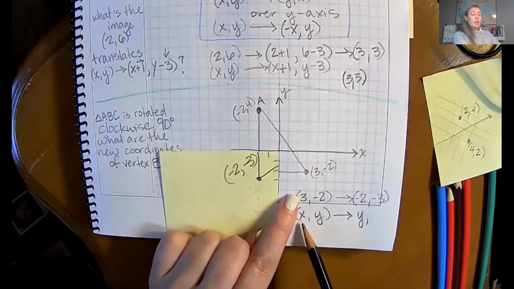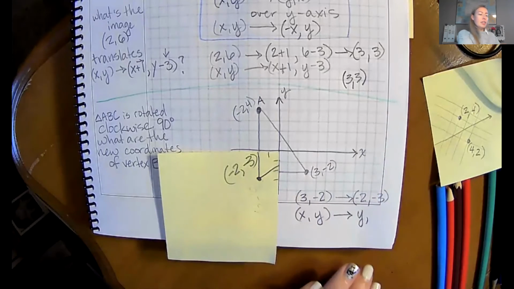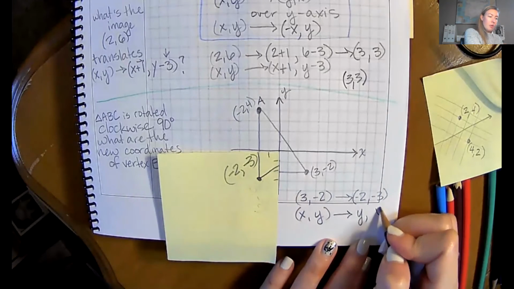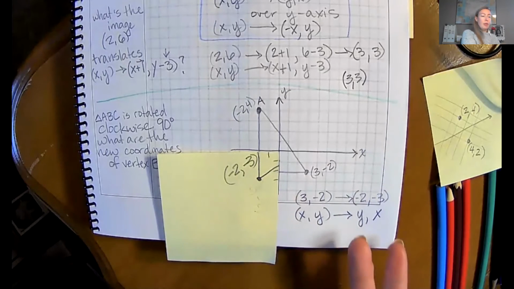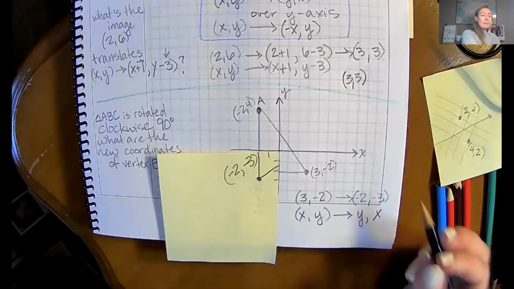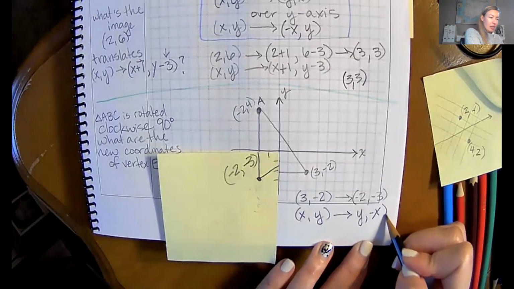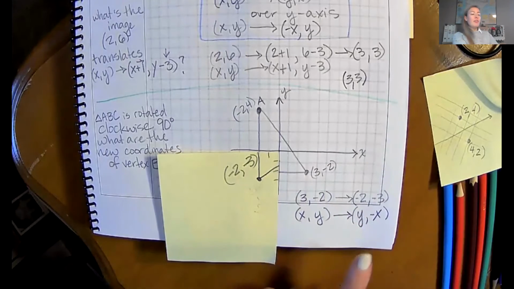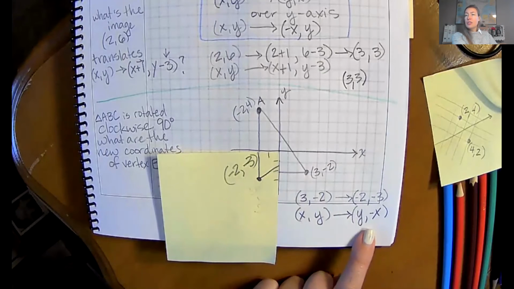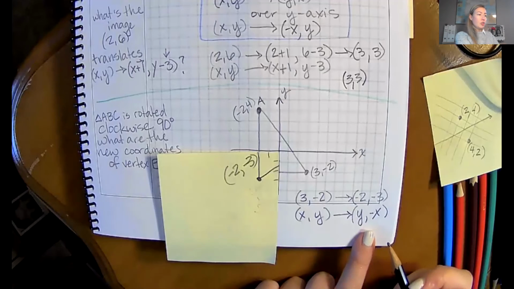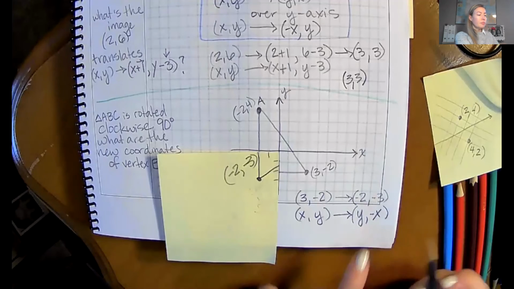It does move over here, right? The x gets put in place of the y value. They swap, but this 3 becomes negative. And in fact, that's the rule. And all of these rules are posted for you in Canvas on the homework assignment page. All the rules of all the transformations are there.